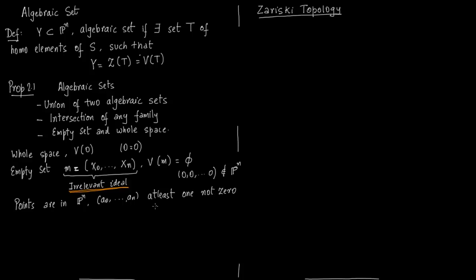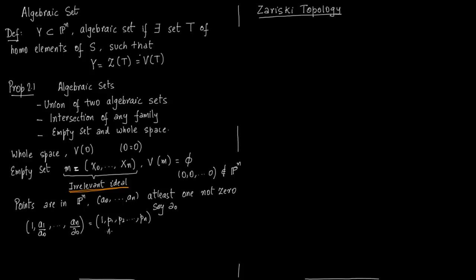So at least one is not 0, and without loss of generality, you just pick A0 as non-zero. Now you divide everything in this tuple by A0, and now we rewrite it as 1, p1, p2 all the way to pn, writing A1 by A0 as p1, and now we will write its vanishing set.